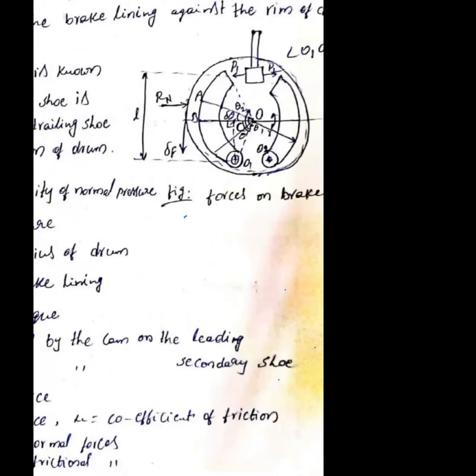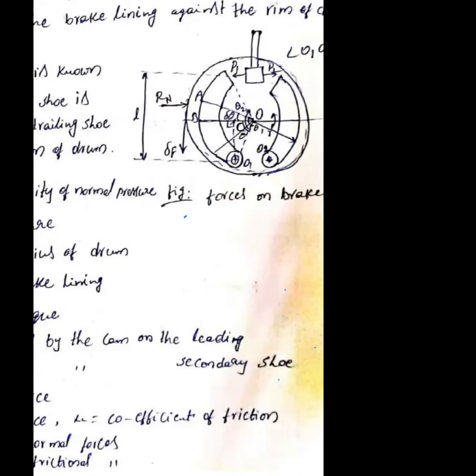The normal reaction force Rn and del F are there, and P1 and P2 are the forces applied to the shoes, and the length of the shoe. O1 and O2 are the fulcrums, and del theta.